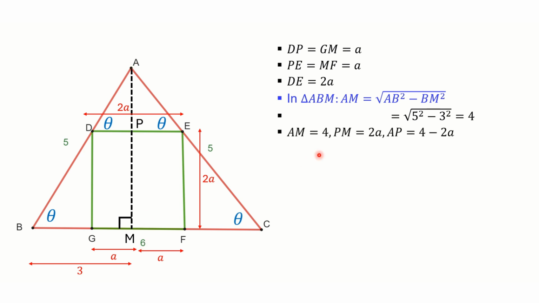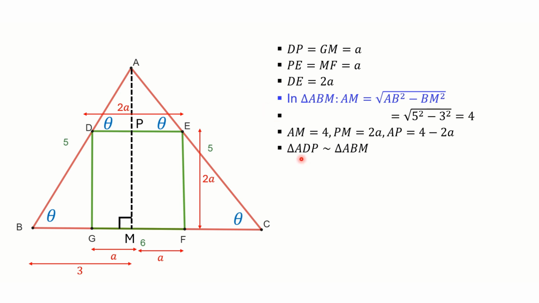So AM is equal to 4 units. PM is equal to 2A units, because all these lengths are equal to 2A, and AP is 4 minus 2A.